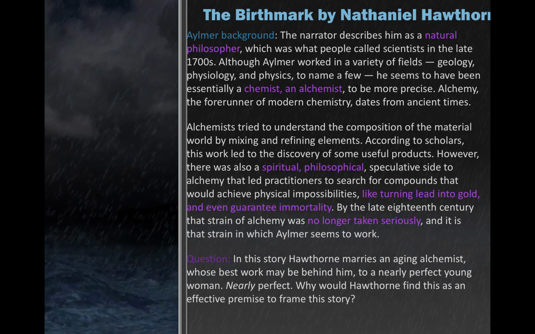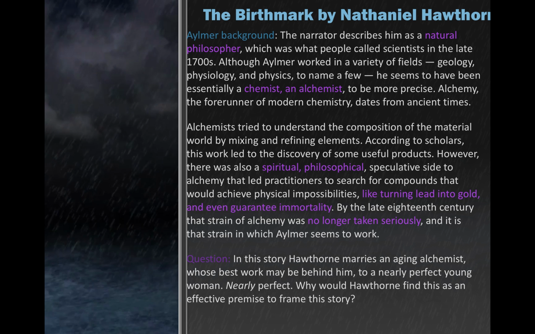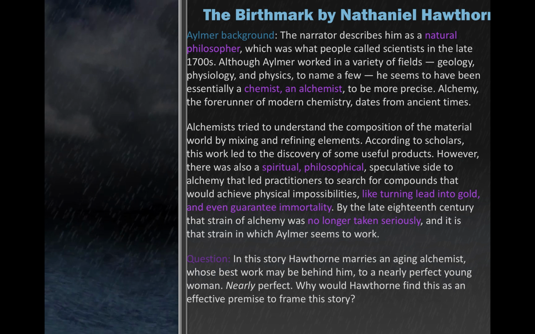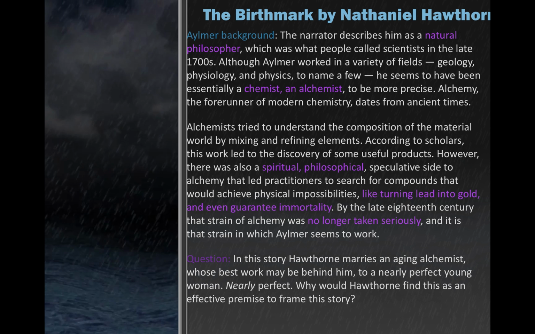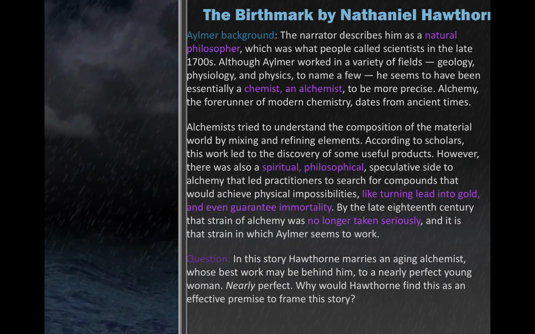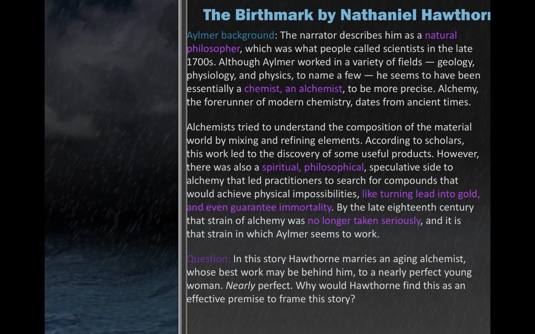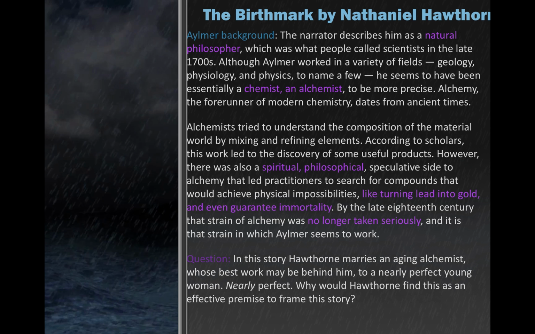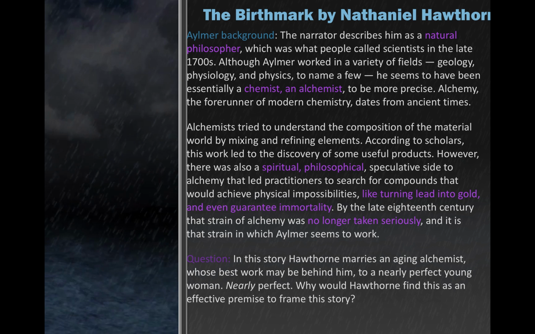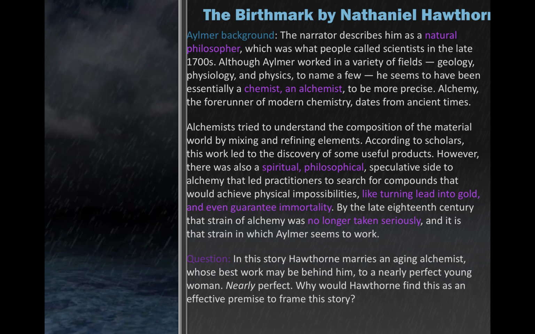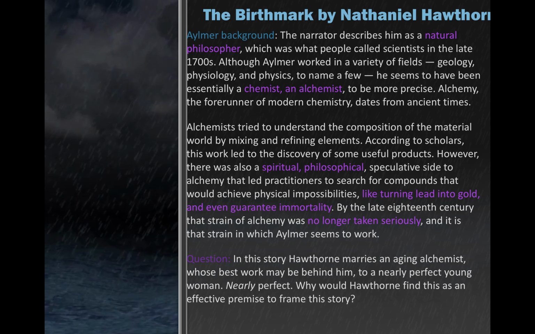He worked in a variety of fields, so most scientists weren't specialists in the way that they are now. And he was essentially a chemist, an alchemist, and alchemy was pre-chemistry, right?